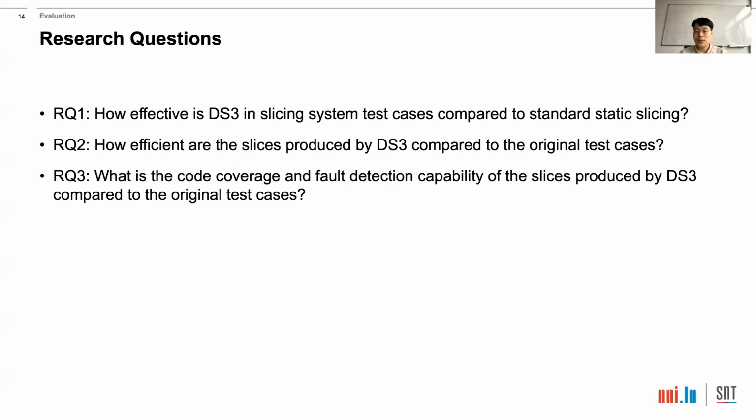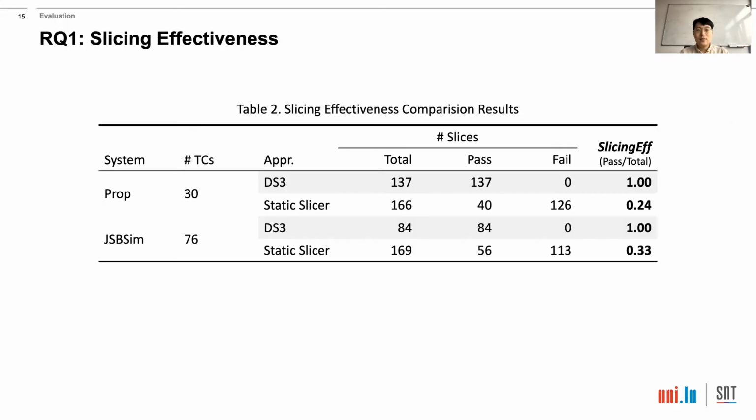RQ2 assesses the running time of generated test slices compared to the corresponding original ones. And RQ3 analyzes the code coverage and the fault detection capability of the generated test slices compared to, again, the non-sliced original test cases.